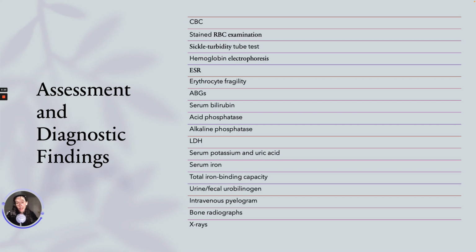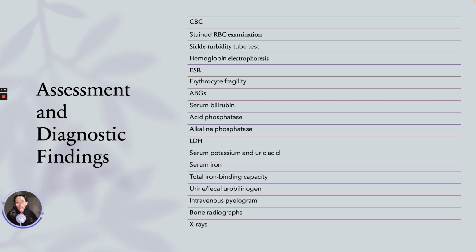We can also look at hemoglobin electrophoresis, which identifies any abnormal hemoglobin types and differentiates between sickle cell trait and sickle cell anemia. Results may be inaccurate if the patient has received a blood transfusion in the past 3 to 4 months.